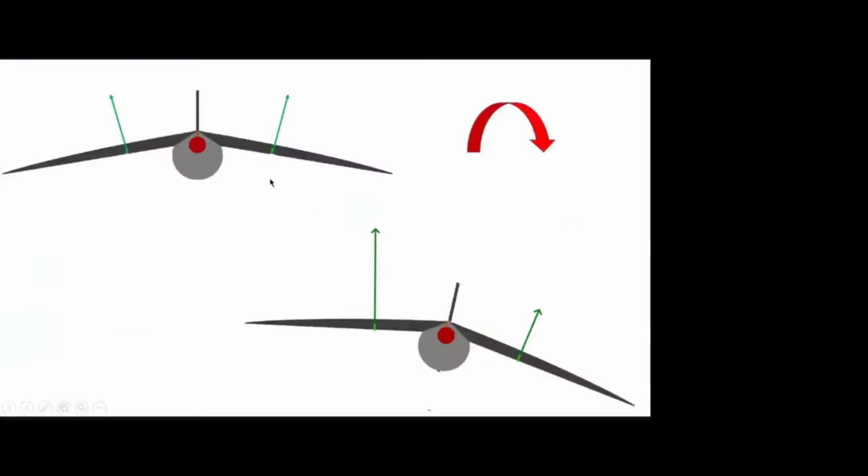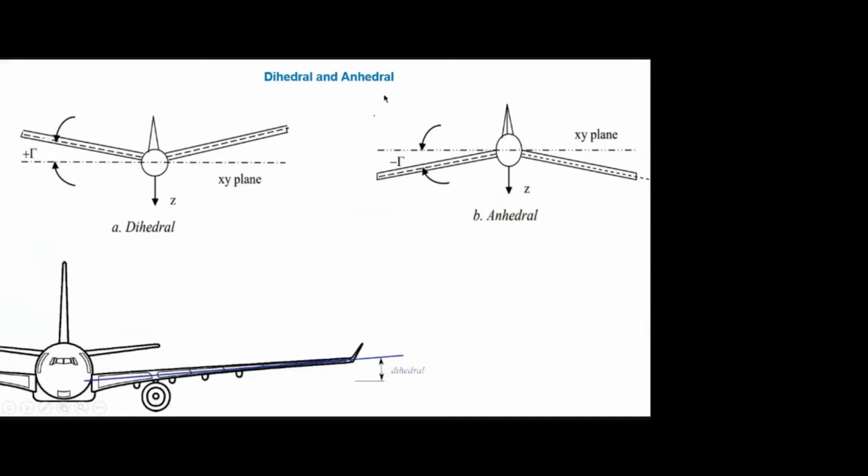Okay. The next one is dihedral and anhedral wing. This is the lateral axis. With reference to the lateral axis, we are tilting the wing above or below. If you tilt the wing above, this is dihedral, and if you tilt the wing below, this is anhedral.